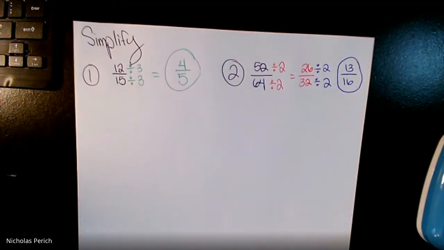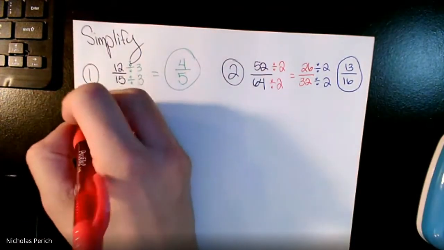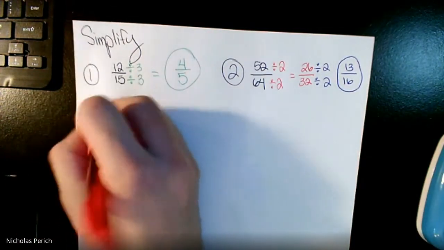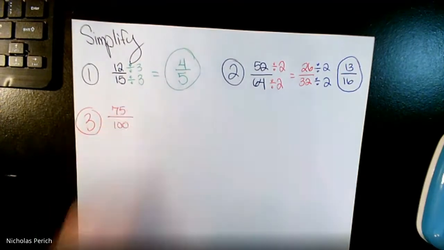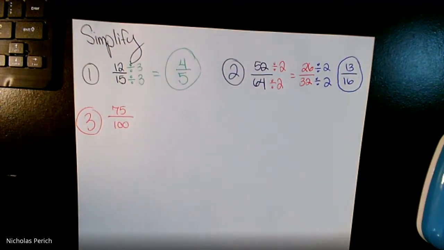So you may be able to simplify once and realize that you have to simplify again. Or maybe, just maybe, you can simplify it by a larger number. So if I give you something like 75 over 100, sure, I can divide the top and the bottom by 5.